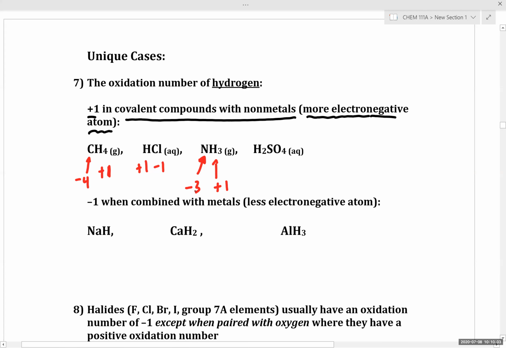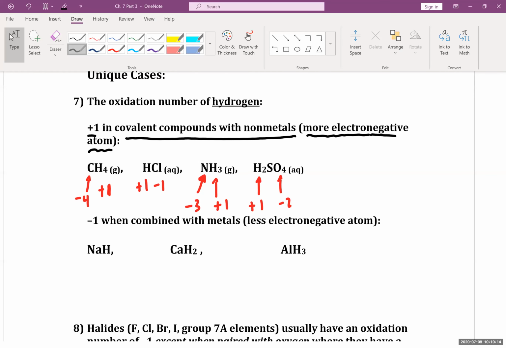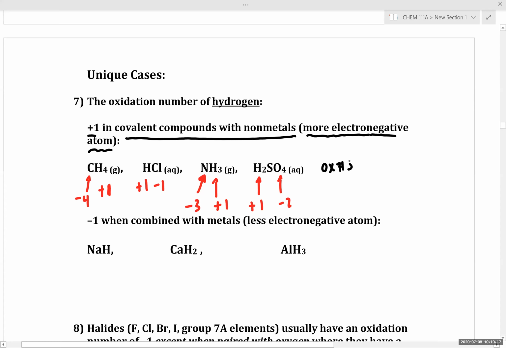Perfect. Now looking at sulfuric acid, hydrogen's oxidation number is +1. Oxygen's oxidation number is overwhelmingly -2. So we can solve for the oxidation number of sulfur. The way that we do that is we take the oxidation number of our anion times the number of our anion, plus the oxidation number of hydrogen times the number of hydrogen atoms, minus the total charge, which is 0, divided by the number of sulfur atoms, which is 1.